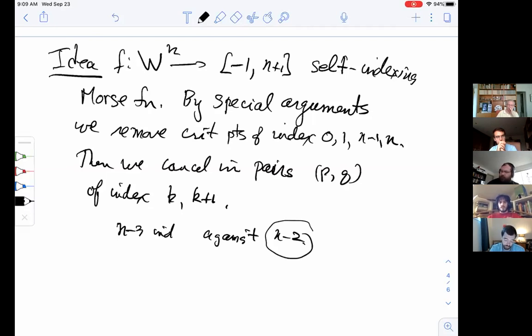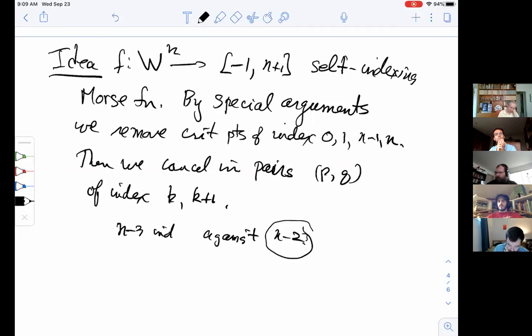But this thing is an H-cobordism, and therefore the homology of the manifold relative to its negative boundary is 0, and the Morse chain complex will now be concentrated in degree n minus 2, and therefore the homology is equal to the chain complex, but it's trivial. Therefore the chain complex is trivial, and therefore there are no remaining critical points of index n minus 2.